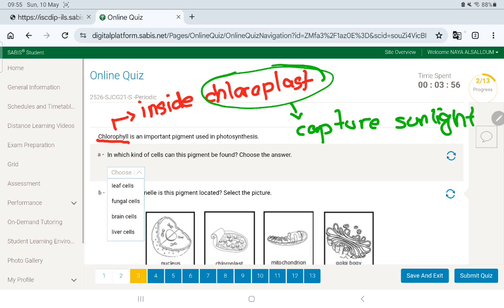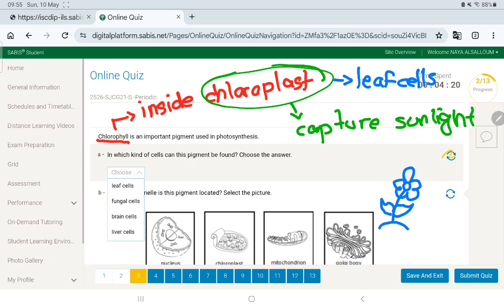Now, chloroplasts, we know that they are found in plant cells, but they are actually found mostly in the leaf cells. Let's see why. If we have a plant right here, and those are the leaves, right?